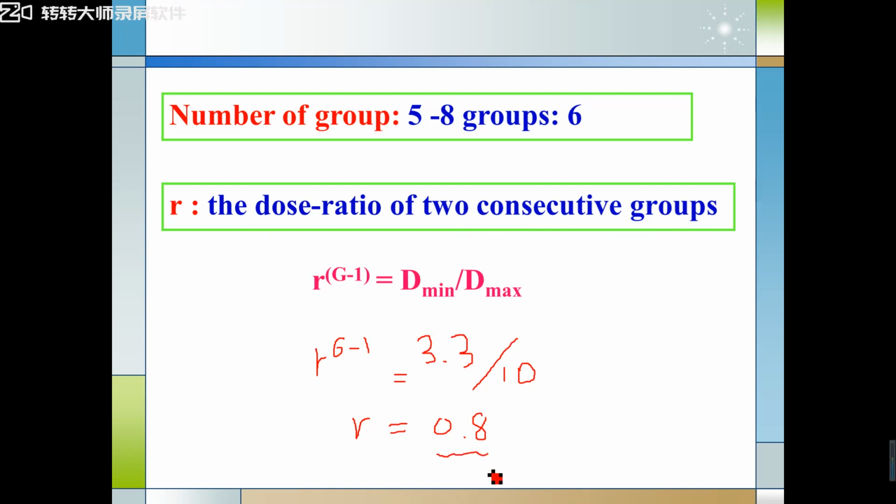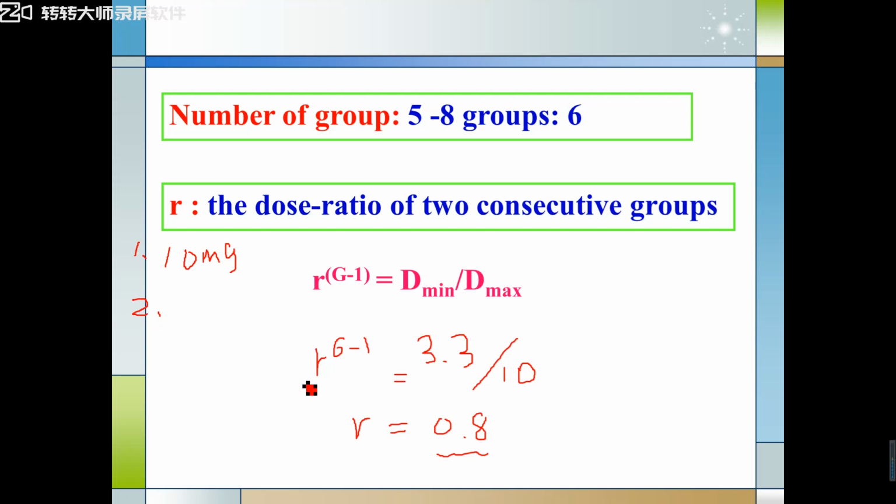So this dose ratio of 2 consecutive groups is 0.8. Maybe you're confused. Why, teacher, do we calculate the dose ratio of 2 consecutive groups in Kärber's method? Let's explain. The first group uses Dmax, which means the first group uses 10 milligram. And for the second group, we don't have the drug.